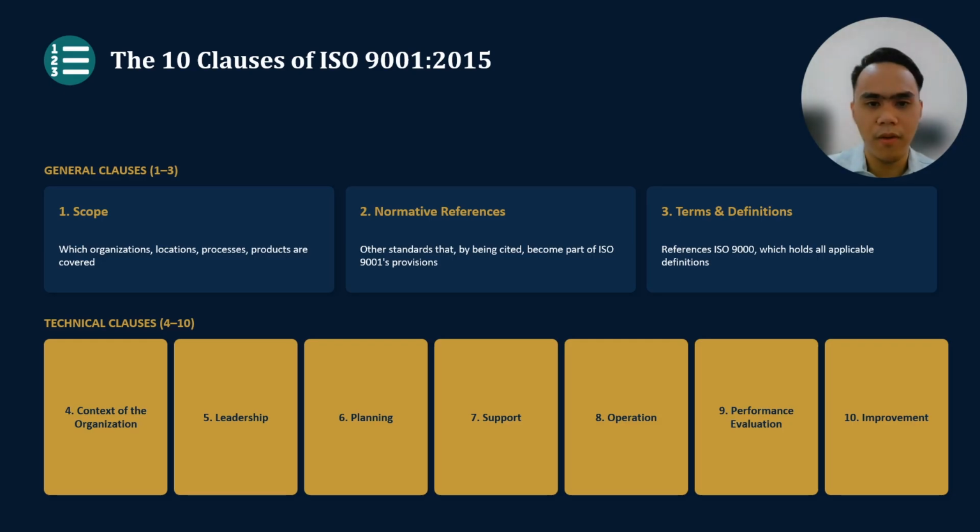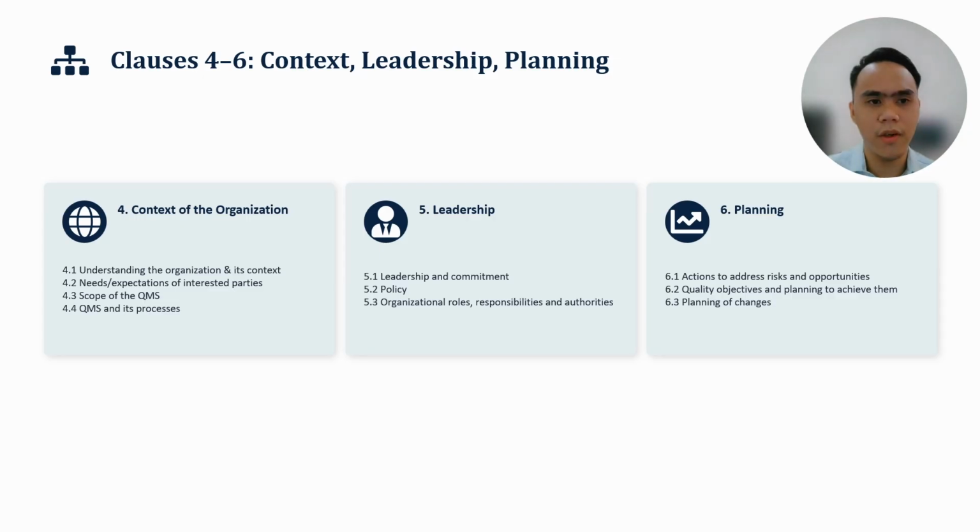So let's go deeper into these 7 clauses. Let's go to the first 3 technical clauses and their sub-clauses in detail, since they are the ones actually tested and audited against. Clause 4 is the context of the organization.